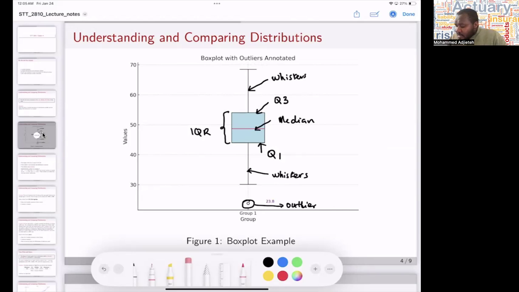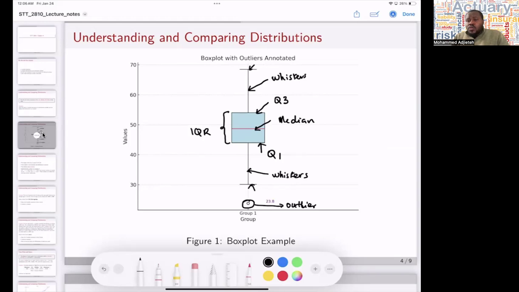And then this line here is the lowest extreme value found within the lower fences. So this is the lower extreme value found within the lower fences. And also this is the upper extreme value found within the upper fences. So numbers beyond these fences are called outliers.